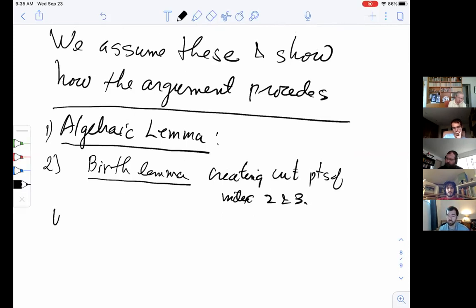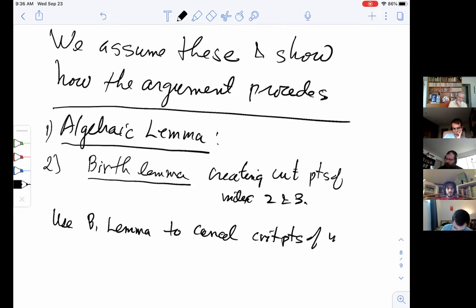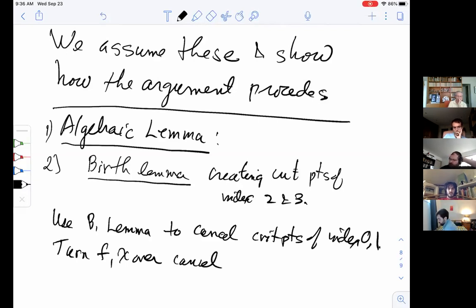You then use the birth lemma to cancel critical points of index 0 and 1. Actually, you only need the birth lemma for the critical points of index 1. And then you turn the function over and cancel n and n minus 1 using the same argument.